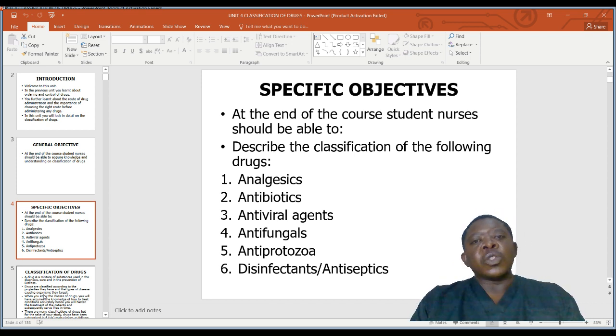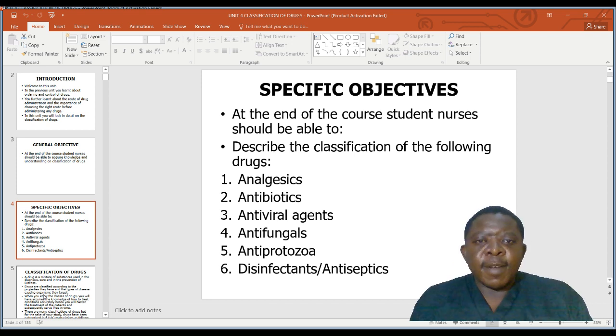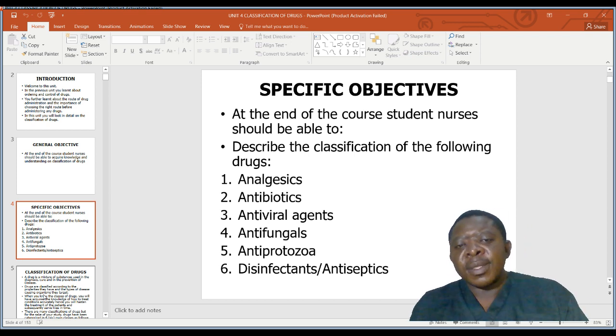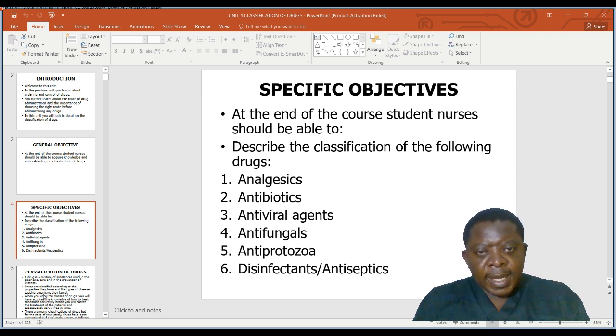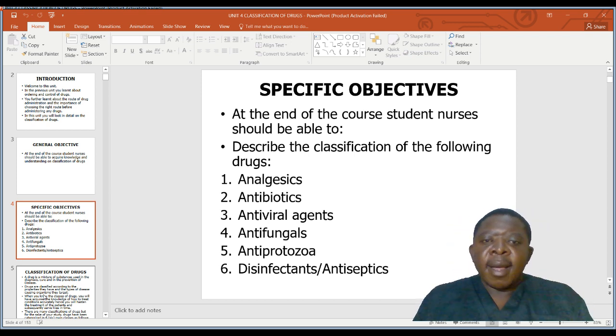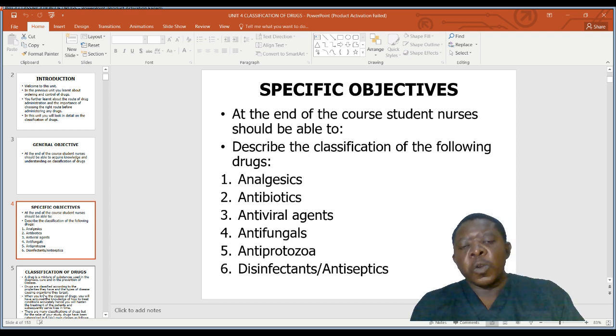Now with this covered, we will look in more detail at how analgesics work and the groups of analgesics that are there. We'll look in detail at how antibiotics work and the groups of antibiotics. We'll look at the antiviral drugs, the groups and how they work.